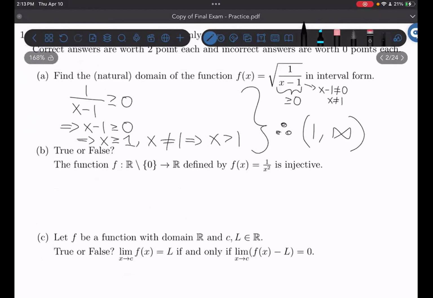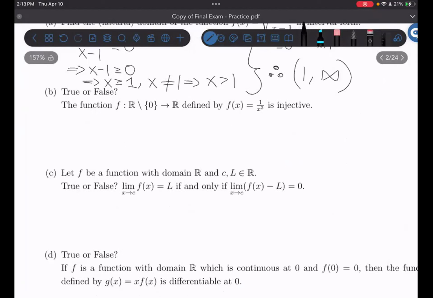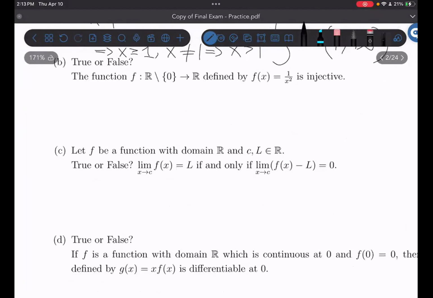For B, true or false, is our function injective? When we think about the definition of injective, we cannot have two distinct inputs equal the exact same output.